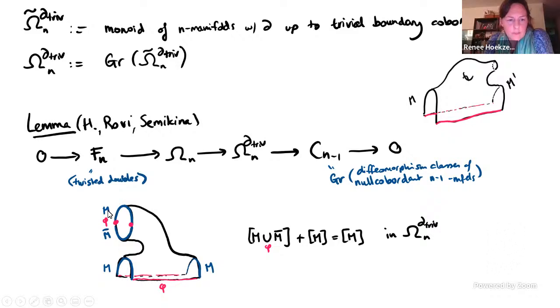If my twisted double is M glued along the boundary with M with the opposite orientation, and if I take an interval times such a twisted double, and I peel it apart in the right way, what I get is a trivial boundary cobordism between the twisted double, disjoint union the manifold, to just the manifold. So this is just in the monoids, just some relation. But then if I take the group completion, that means that my twisted double is going to go to 0.